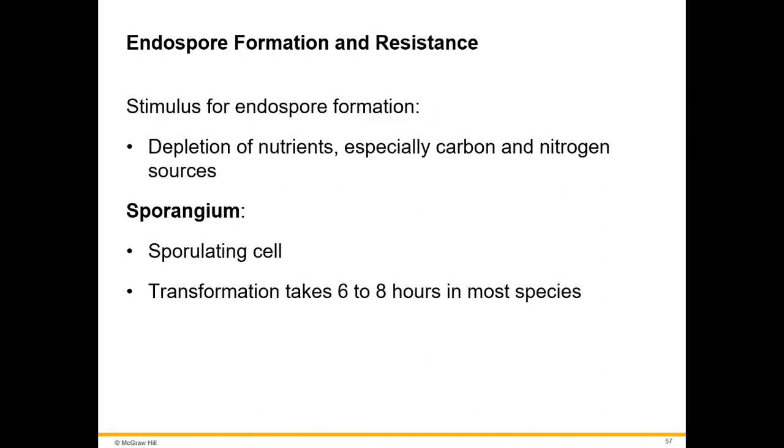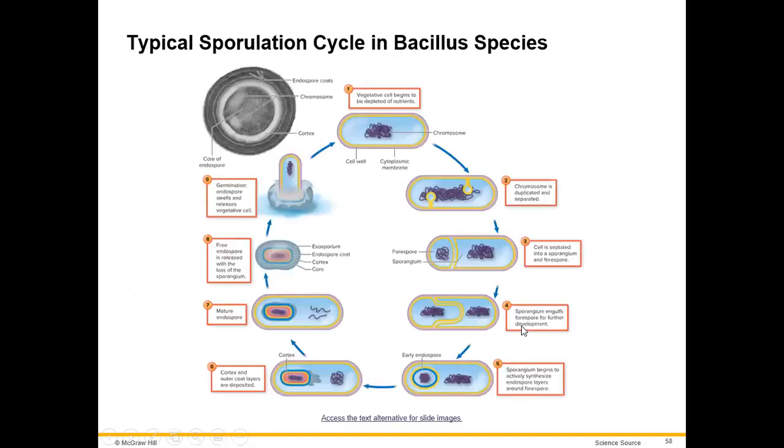But the gram-positive bacteria that make spores, being in an environment with a lack of nutrients, especially carbon and nitrogen, they'll start making a spore called a sporangium, a sporulating cell. It takes about 6 to 8 hours for the bacteria to make a spore.